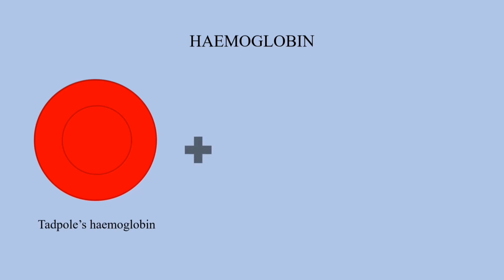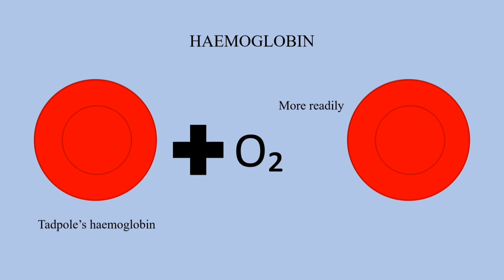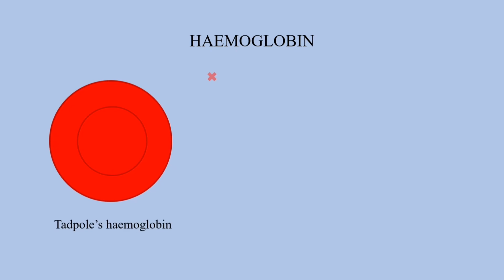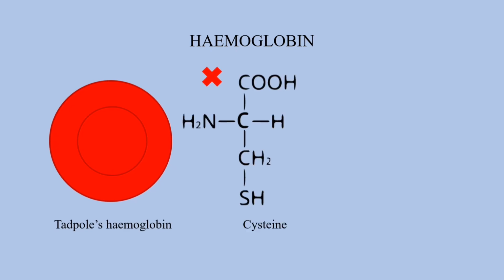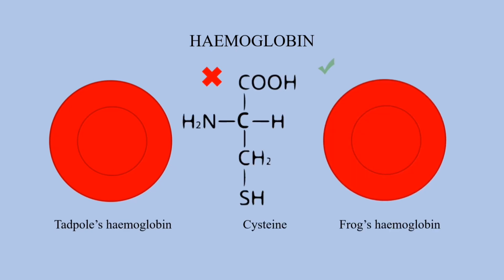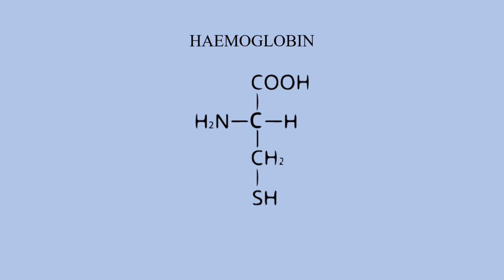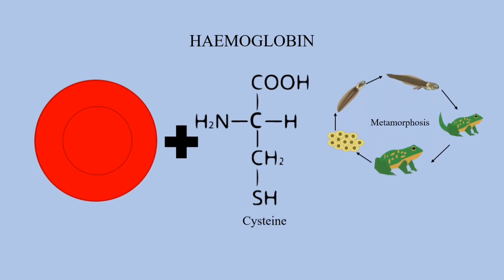Hemoglobin of tadpole binds with oxygen more readily than the hemoglobin of frog. Hemoglobin in tadpole does not contain cysteine, while hemoglobin in frog contains cysteine. So cysteine is added to the hemoglobin during metamorphosis.